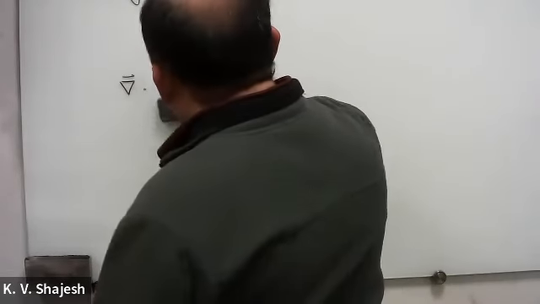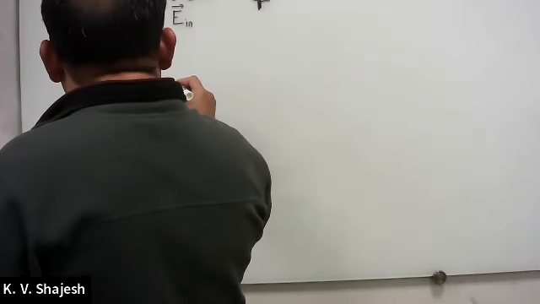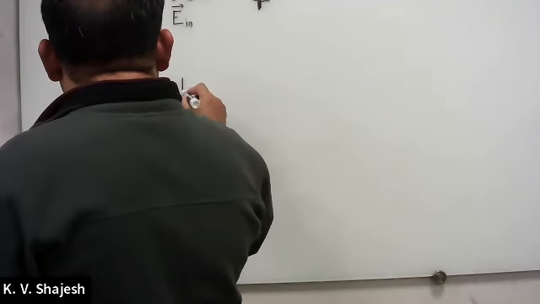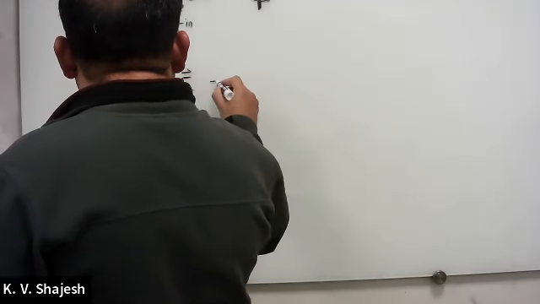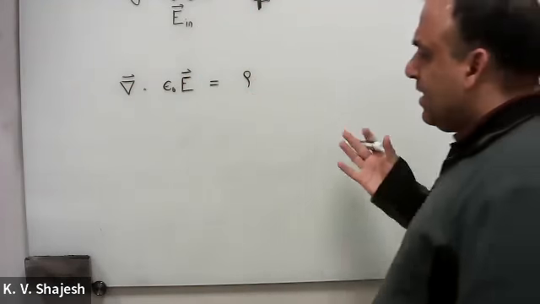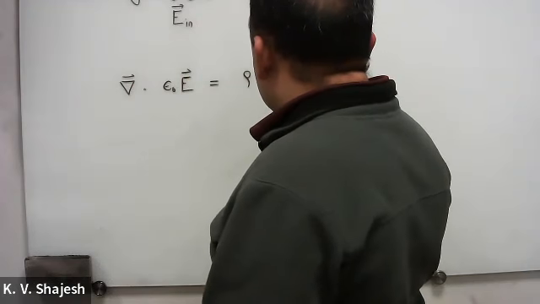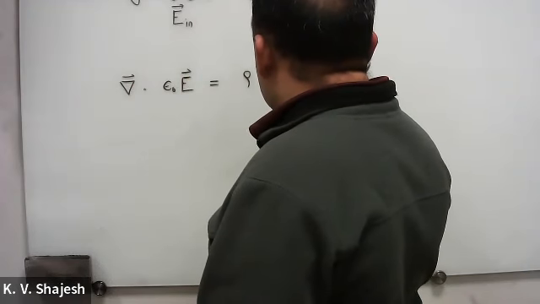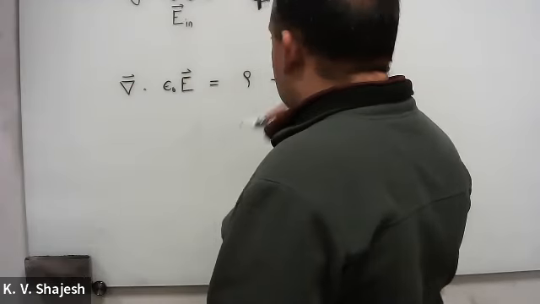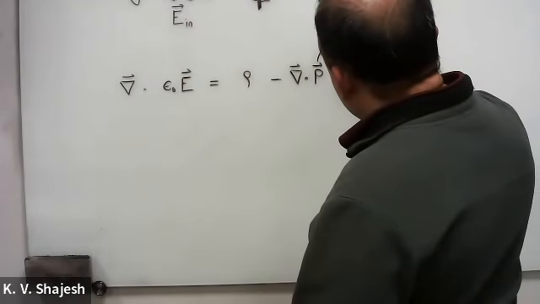If you remember your electrostatics, that is epsilon naught times divergence of E is equal to rho. That's if the material has charge density in it. If you have a permanent polarization, that is dotted with P. So this is permanent polarization.